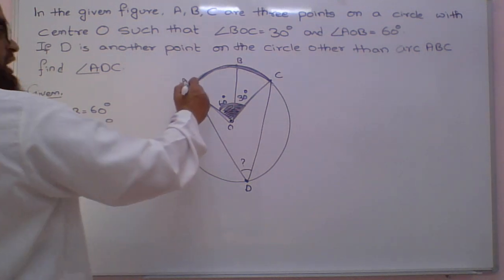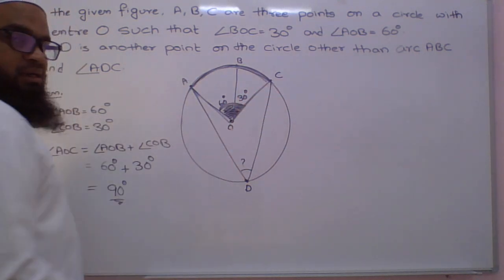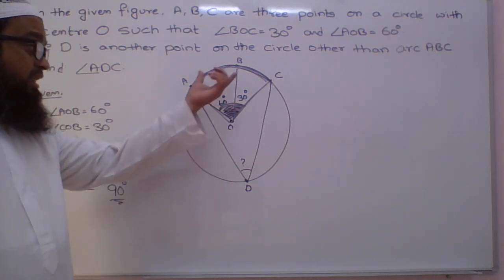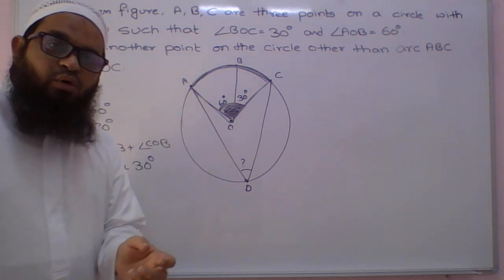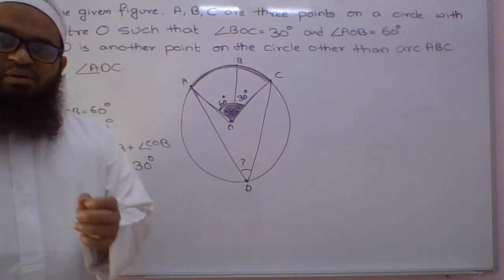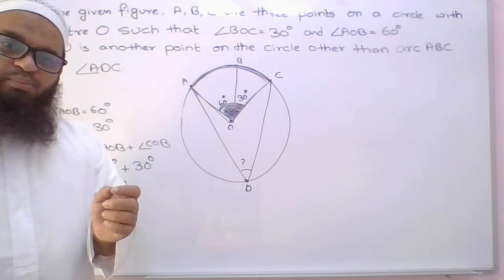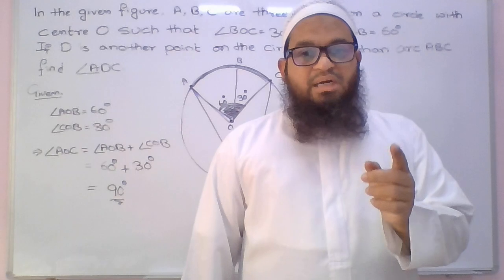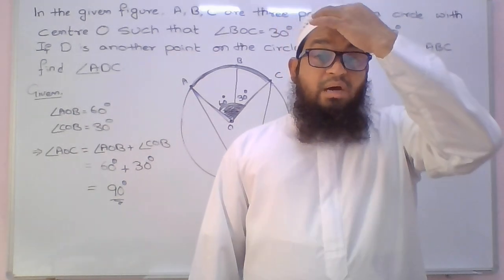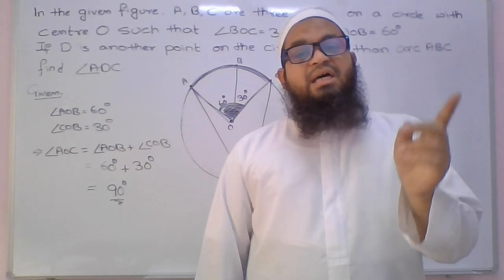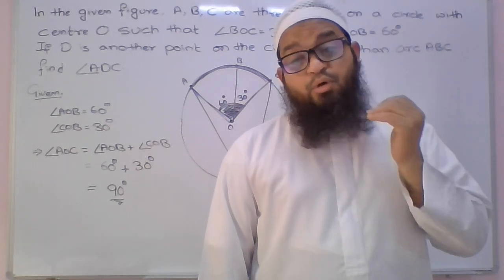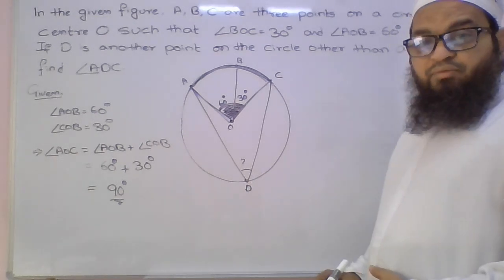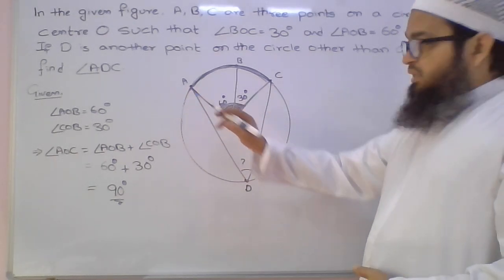And it was told that ABC is an arc and D is a point other than the arc. So what do we remember here? We can remember theorem 9.7. What does theorem 9.7 state? The angle subtended at the center is double the angle subtended at any other point remaining on the circle. Is D a point other than the arc?